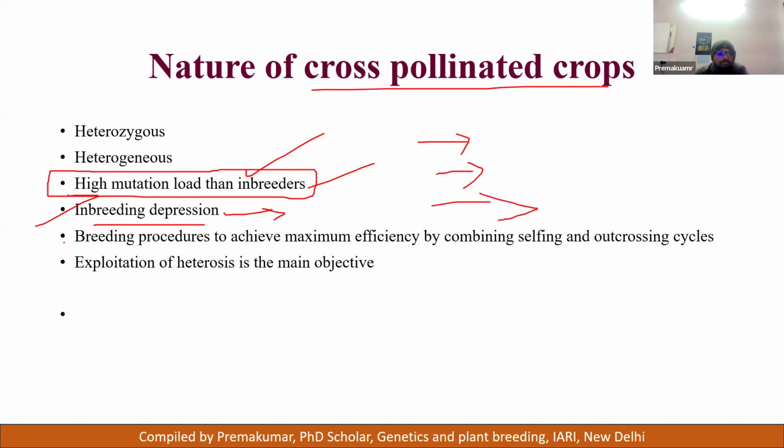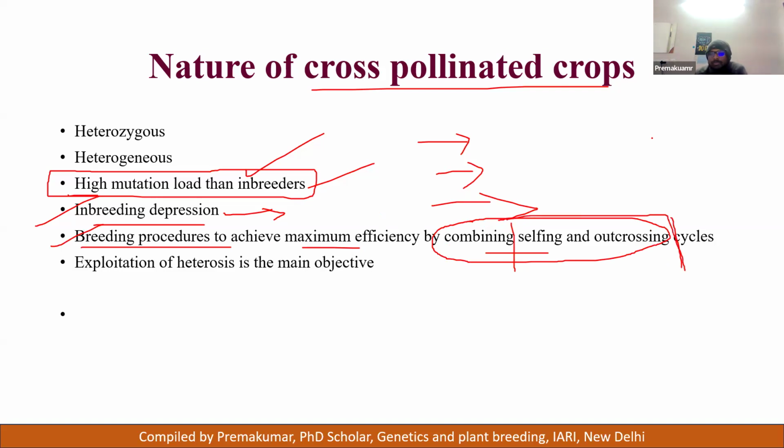Then breeding procedures mainly achieve maximum efficiency by combining selfing procedures and also outcrossing, which we have seen in population improvement approaches.